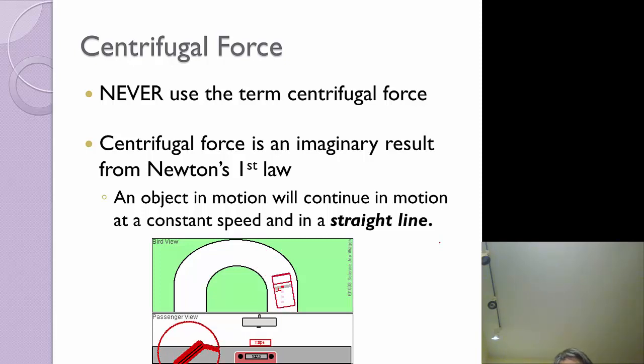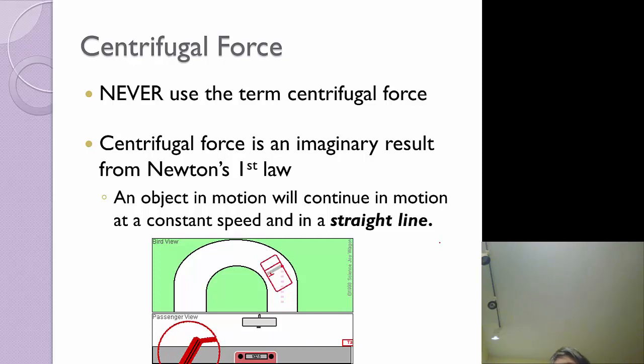What's really happening is that the car is turning under that object. So even though the car is turning, it's not providing a force on there. But from the perspective of the tape or a passenger in the car, it feels like they're being forced in. That really doesn't happen, though, until they hit the side of the door.